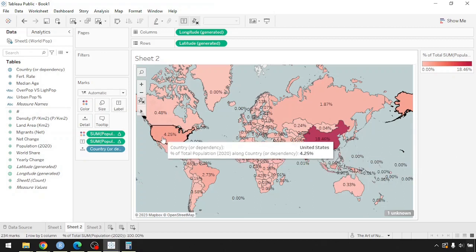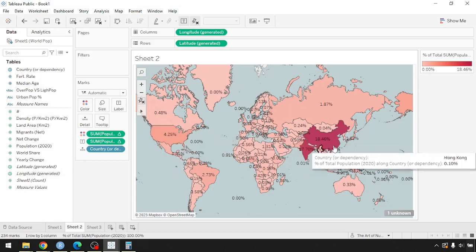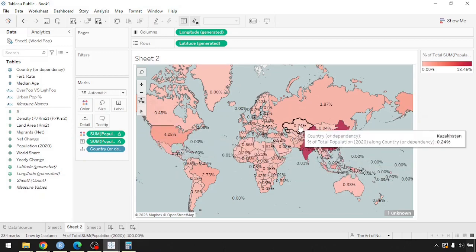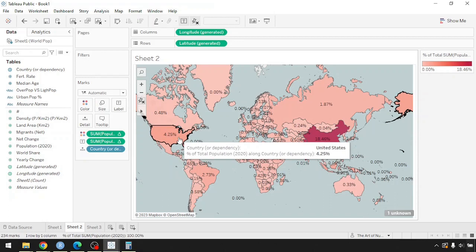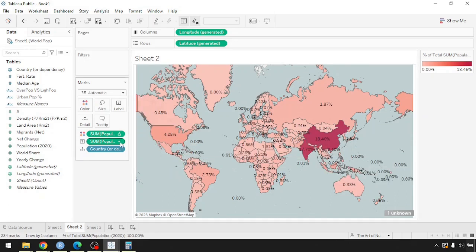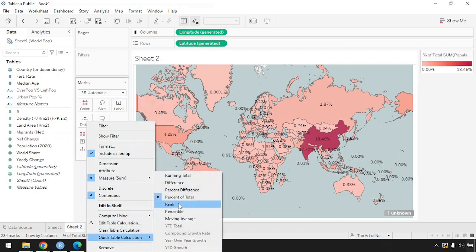And the U.S. possesses 4.25% of the world population. Again, the percentage of total is one of the feasible and understandable computations that you can bring on your map.